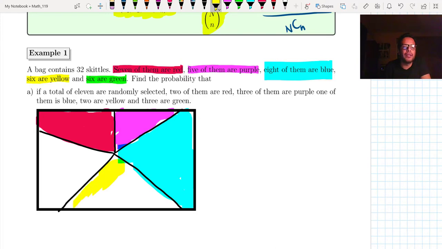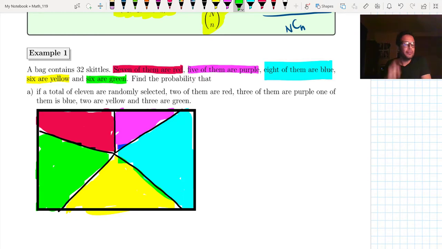You might want to use your own highlighters and draw this illustration to help you color code the situation and see how we are going to select the Skittles and where from, depending on the color and the amount of each.